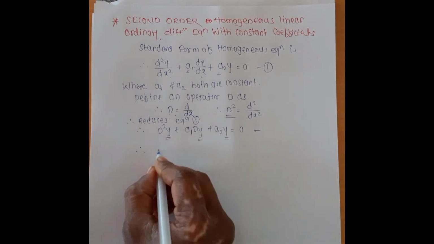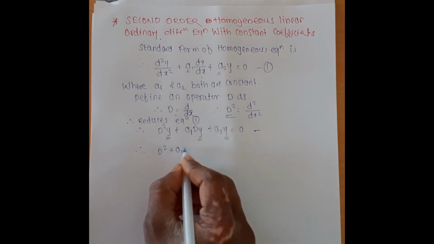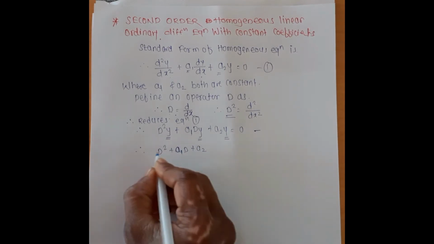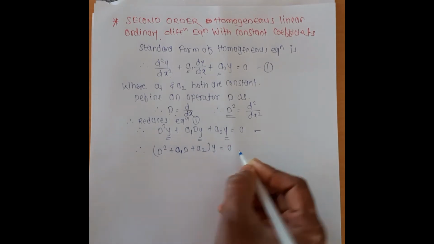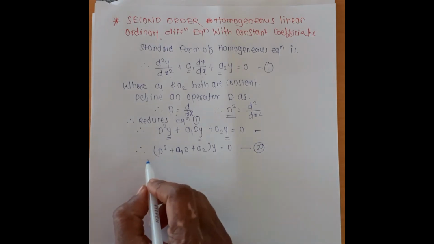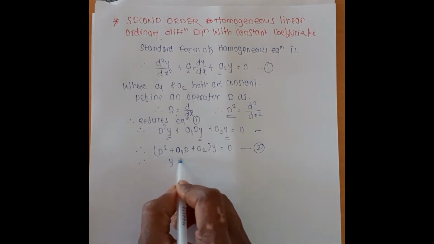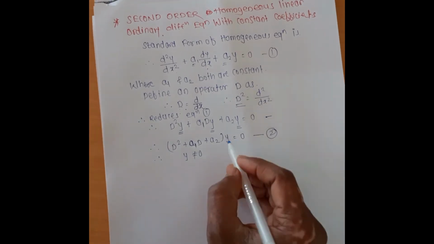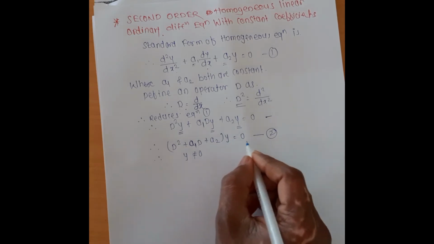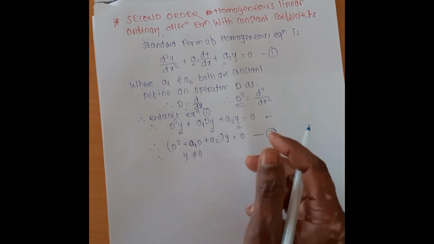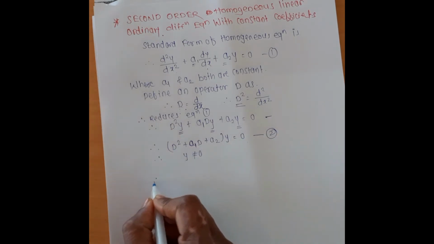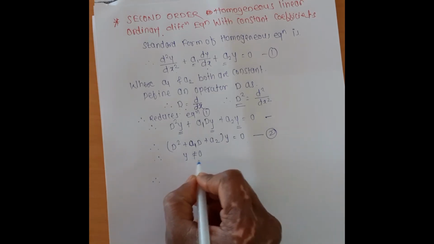Now we reduce this equation again, because y is common in every term, so it is taken out: D square plus a1 D plus a2, times y, is equal to 0. This is the next equation. Since y is not equal to 0, it can be neglected; 0 divided by any quantity is also 0.